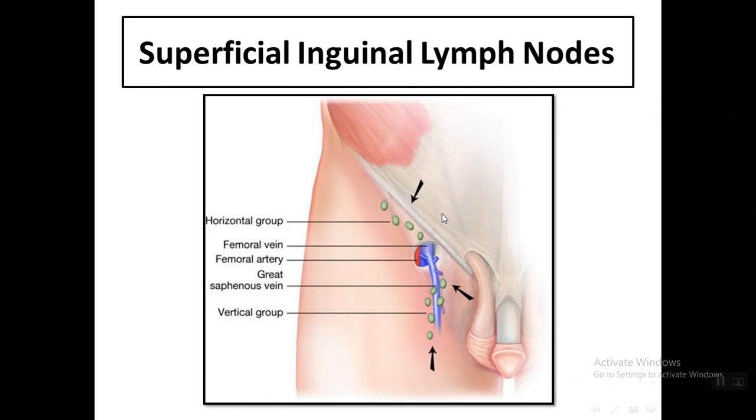We can see the superficial inguinal lymph nodes distributed along two lines: one parallel to the inguinal ligament, and the other parallel to the great saphenous vein. So we have a horizontal group and a vertical group. We have a horizontal group parallel to the inguinal ligament and a vertical group parallel to the great saphenous vein.